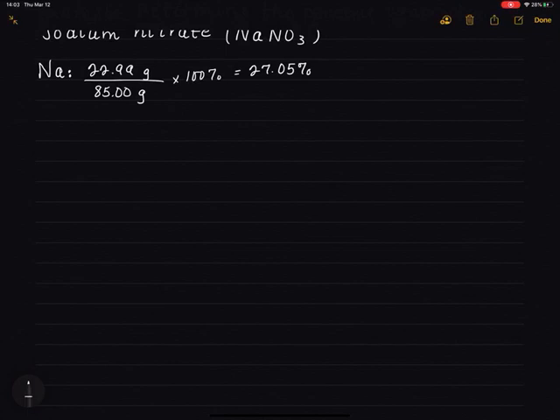We do the same thing for our nitrogen. What's the mass of a nitrogen? Periodic table says it's 14.01 grams.